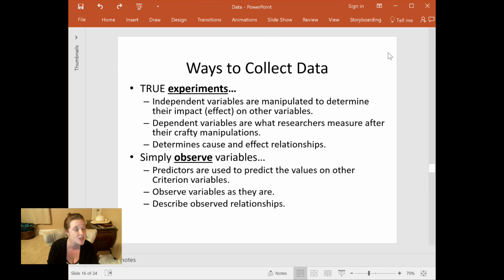And as a medical researcher, you might be very interested in the long-term effects of marijuana. So you might decide that you're going to do a true experiment to see what the long-term effects of marijuana are on developing brains. And so you recruit 100 people, and you're going to manipulate whether or not they smoke marijuana.